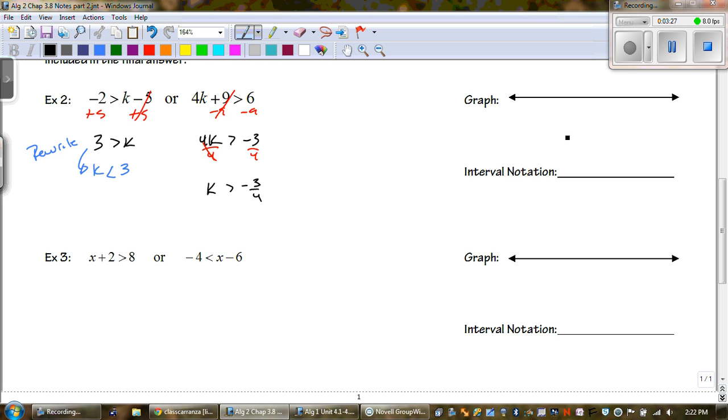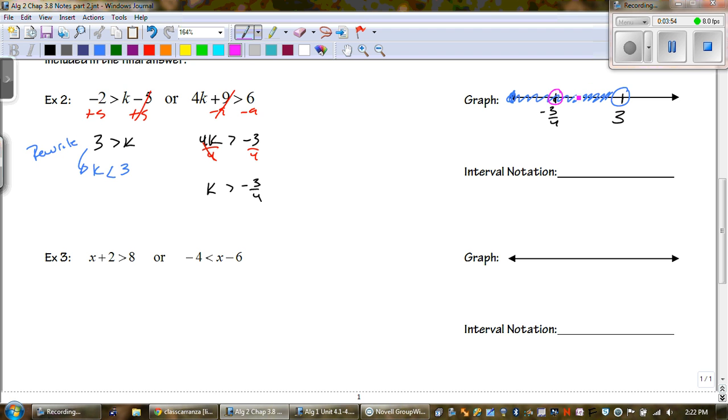Now when we graph this, we've got 3. Oh, I'm sorry, 3 should be over here. At 3, it's open, and I shade everything to the left. But my other number is negative 3/4.